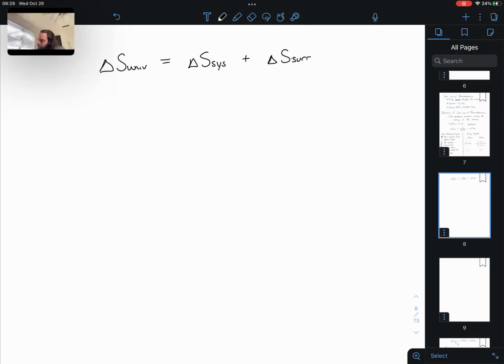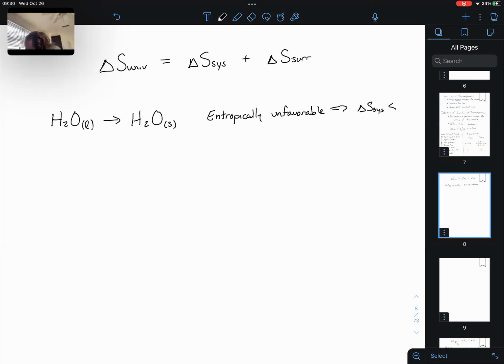So now let's take a look at a process, for example, liquid going to a solid. This is something that we know to be entropically unfavorable, because I'm creating more order, which is bad from an entropy standpoint. So that means that the delta S of the system is going to be negative, less than 0.